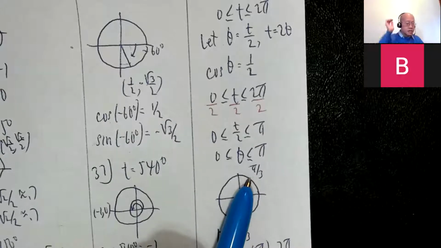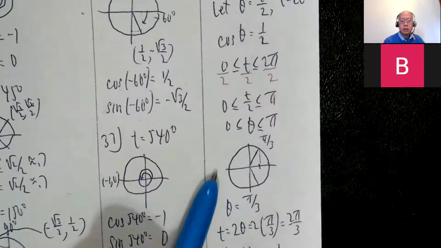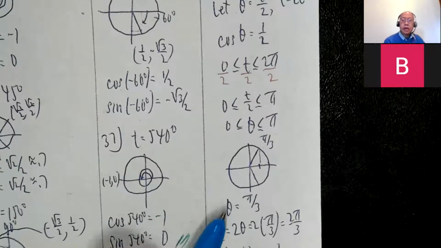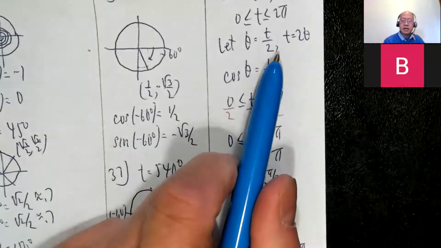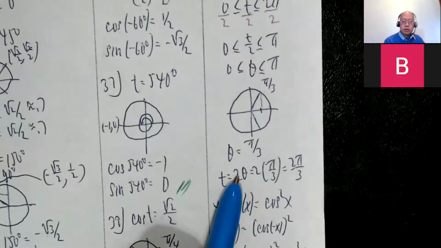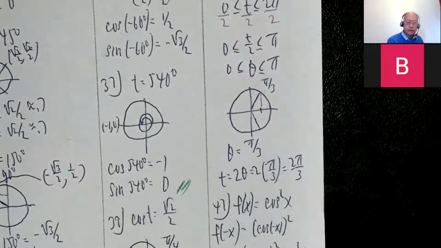And that to me looks like it's 60 degrees, which in radians is pi over 3. So theta is pi over 3. However, the original problem was t, which is 2 theta. So 2 times theta, 2 times pi over 3. Final answer, 2 pi over 3.